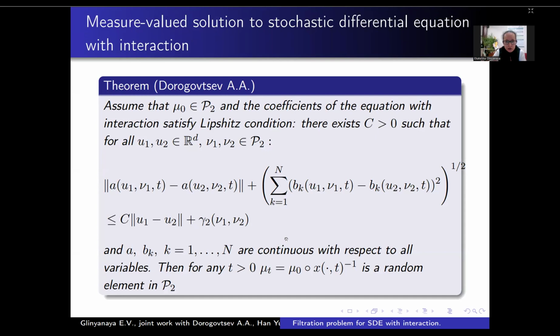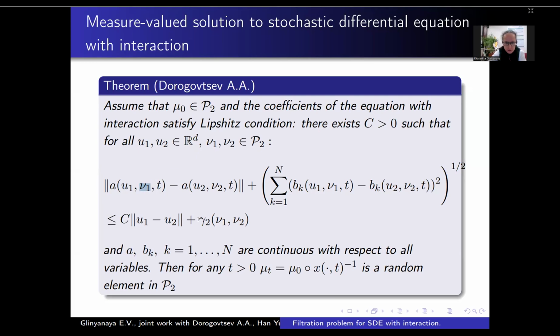This is the result of Andrei Anatolyevich Dorogovtsev. The coefficients of the equation should satisfy the following Lipschitz condition: Lipschitz continuous with respect to the space variable and with respect to the measure-valued variable.